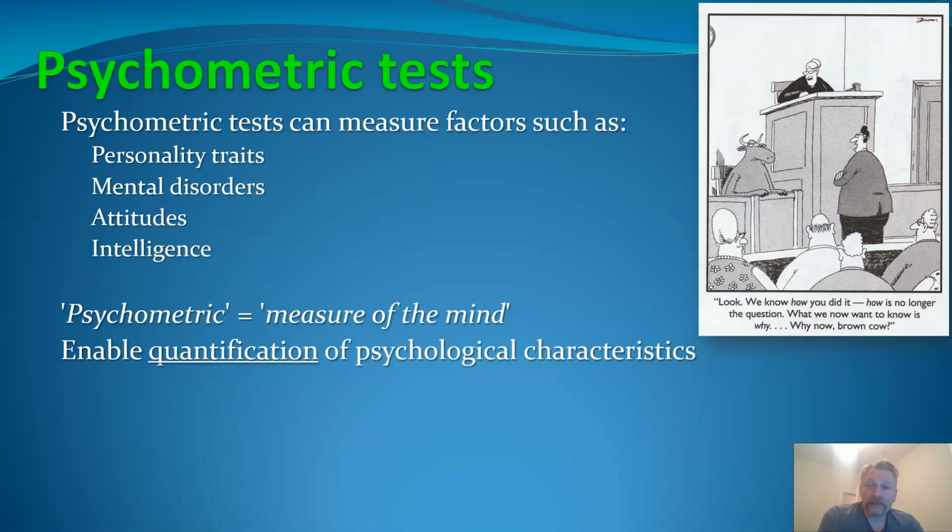So, psychometrics can measure factors such as personality traits, mental health disorders, opinions, attitudes, intelligence, and so on. There's a wide variety of topics, of phenomena or behaviour that questionnaires lend themselves towards measuring.